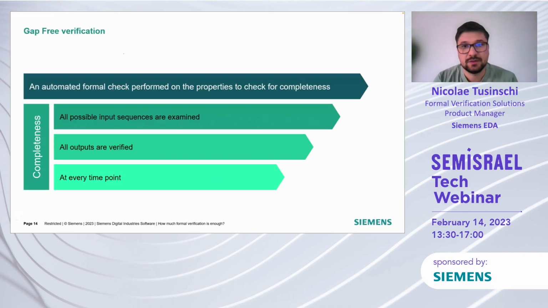And what we mean by gap-free verification. So in general, it's an automated formal check performed on the properties to check for completeness.